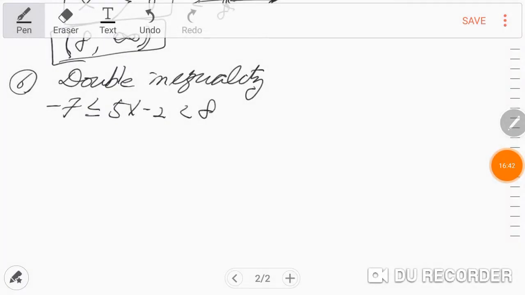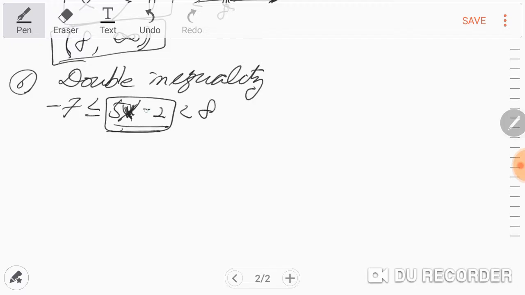Okay, this example is a double inequality. So there are two inequalities, and the center contains the variable x. Then how do we solve this double inequality? First, we will make the center only an x.